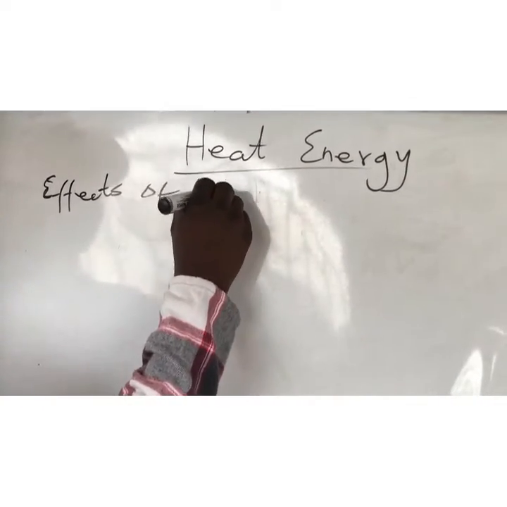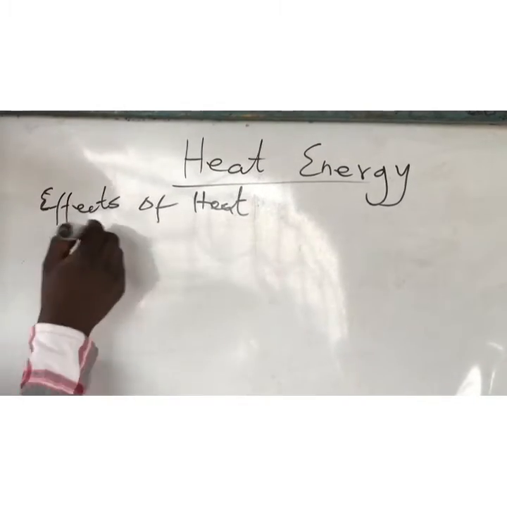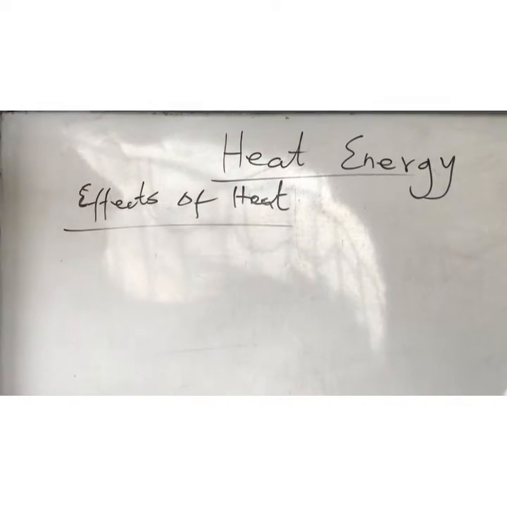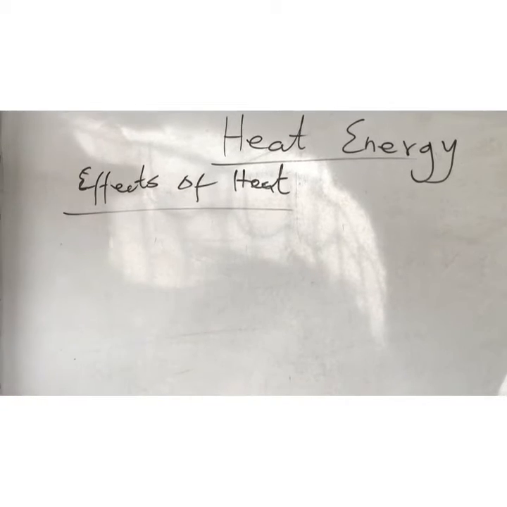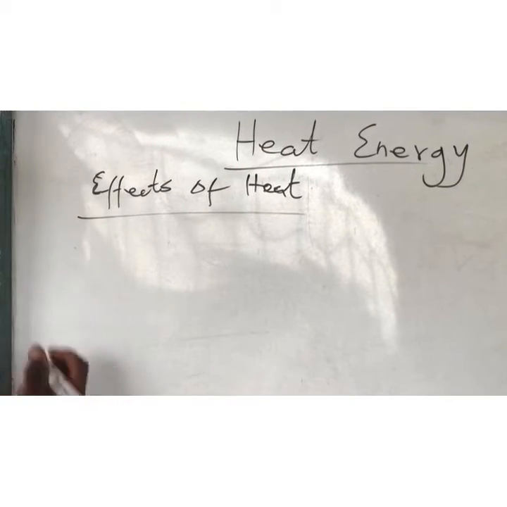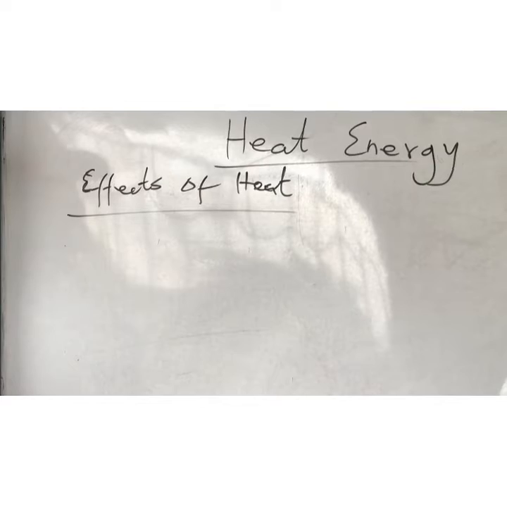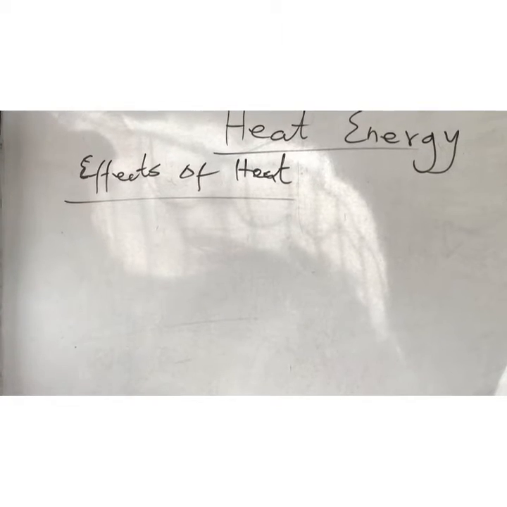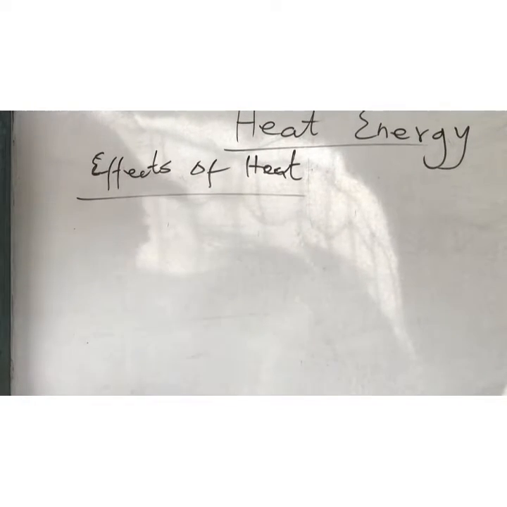of heat. So the effects of heat, as we all know, heat can change the state of a body, the temperature of a body, the color of an object, and heat also affects the chemical composition.